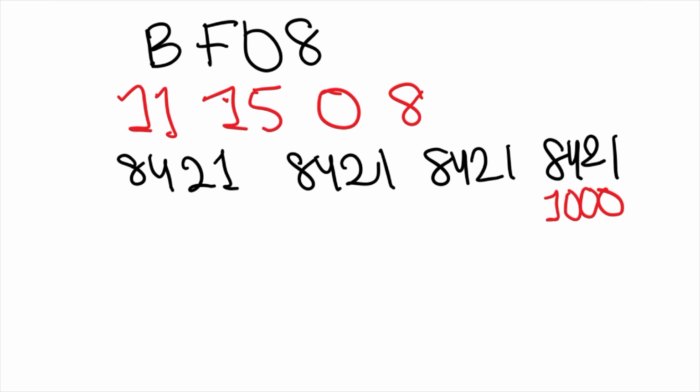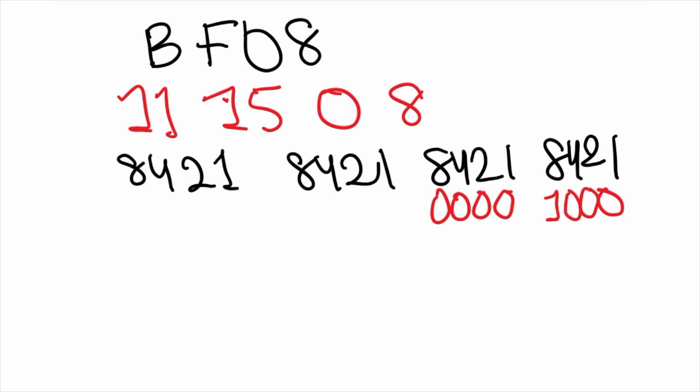So in this case, it's 8. The 1000 is equivalent to 8 in hexadecimal value. Now for 0, we know that we will not add any number, so we're going to just write 4 zeros. In here, no number is being added.